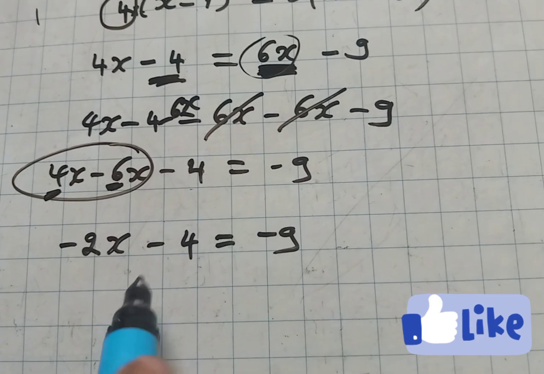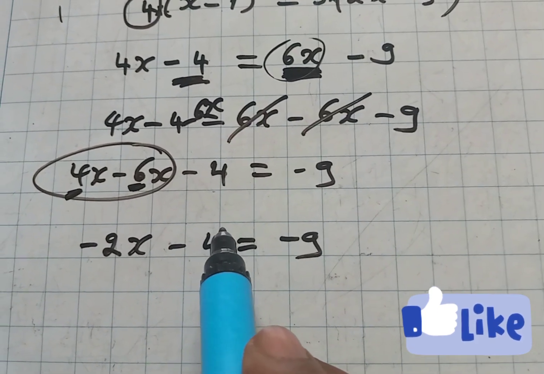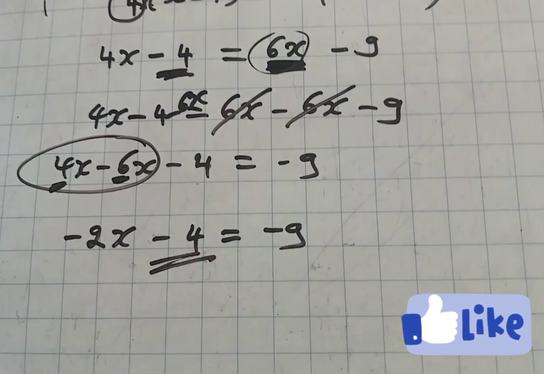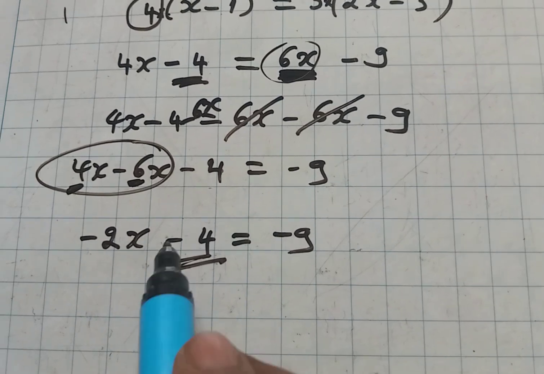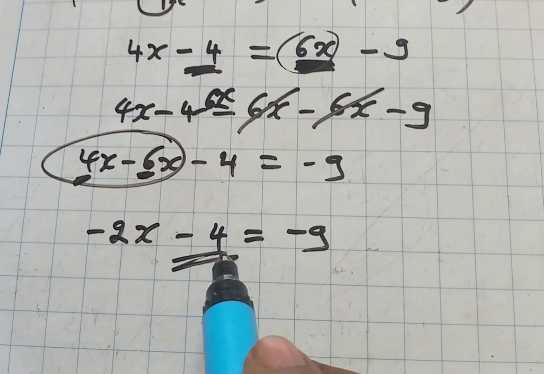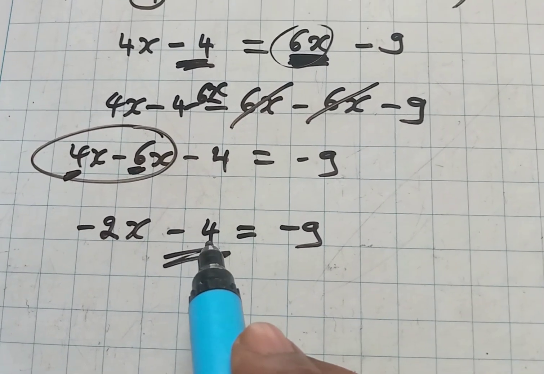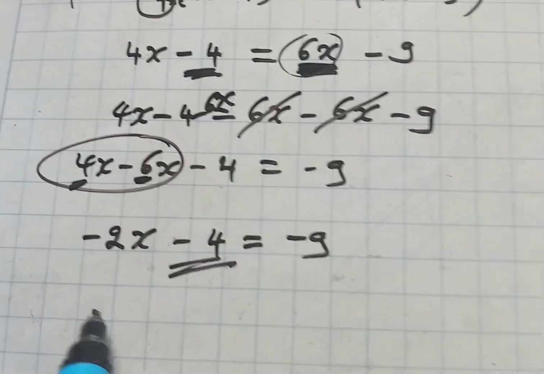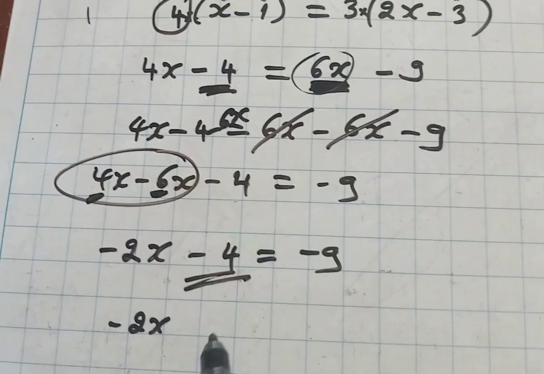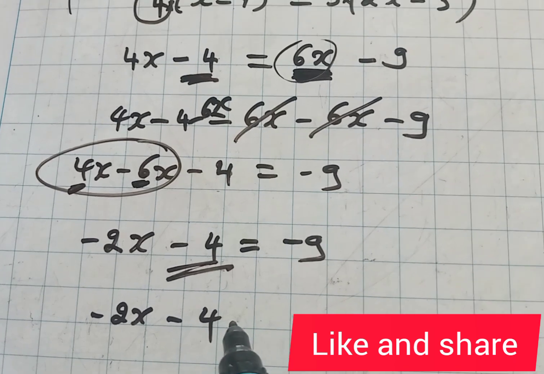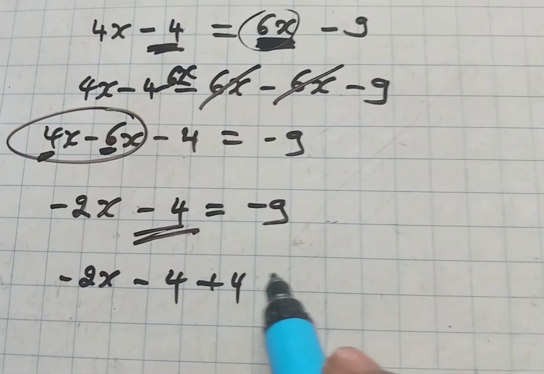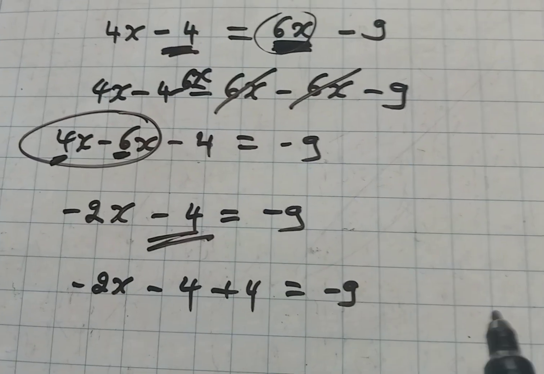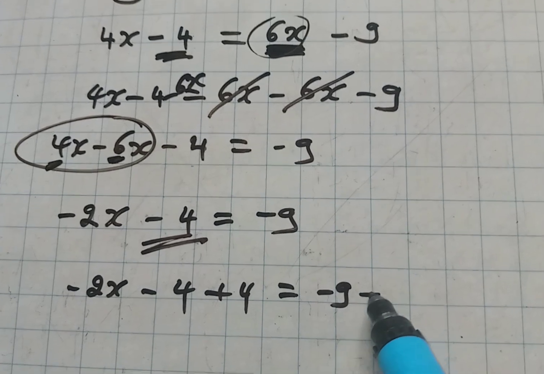Here we have also to take this one to the other side. Since it is negative, you have to add another 4. Then if you add the 4 here, you have to add it on the other side also. So we have -2x - 4 + 4, and negative 9 + 4 on the other side.